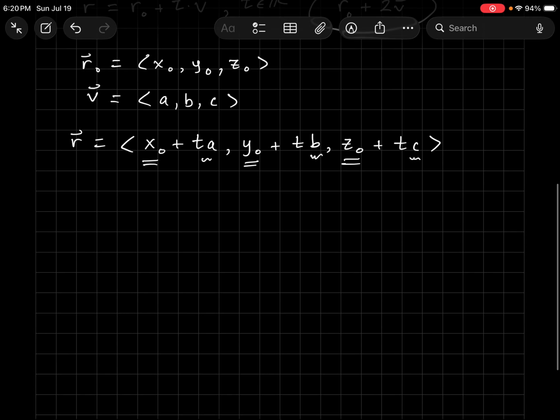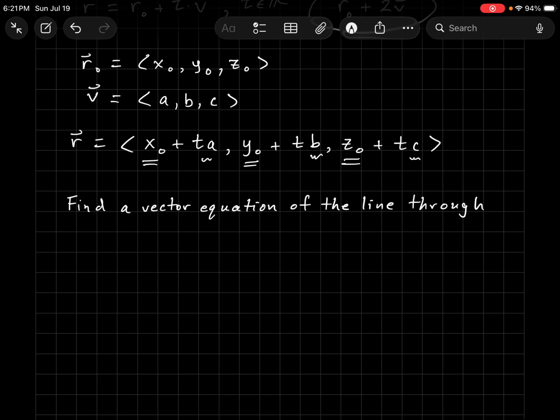So let's do an example to make it a little more concrete. Let's find a vector equation of the line which goes through the point 5, 1, 3 and is parallel to the vector i plus 4j minus 2k.